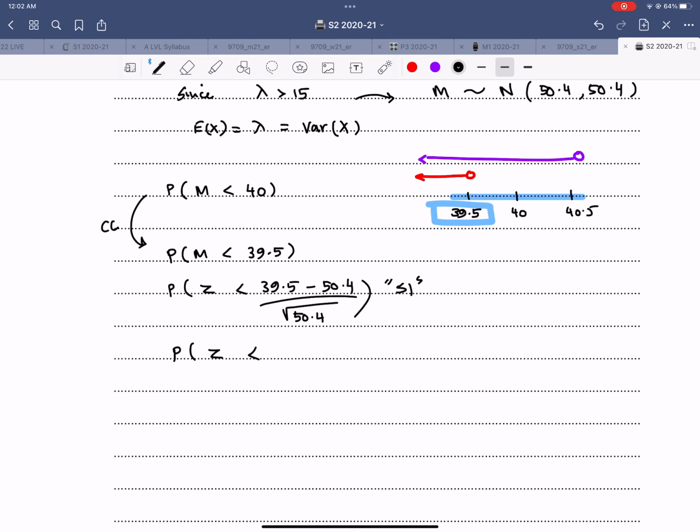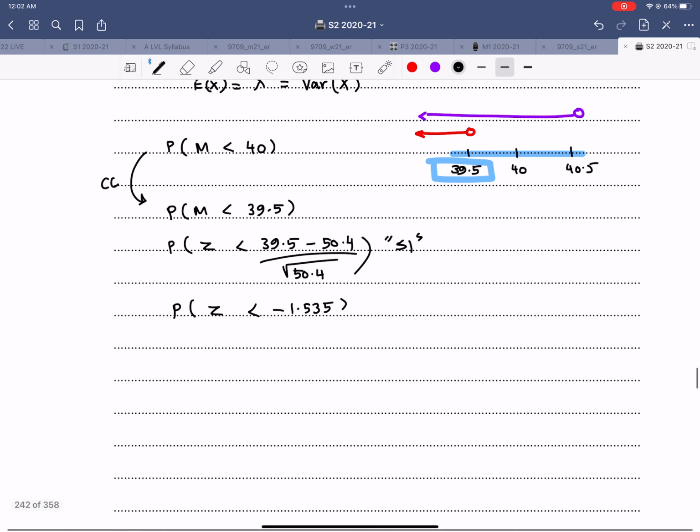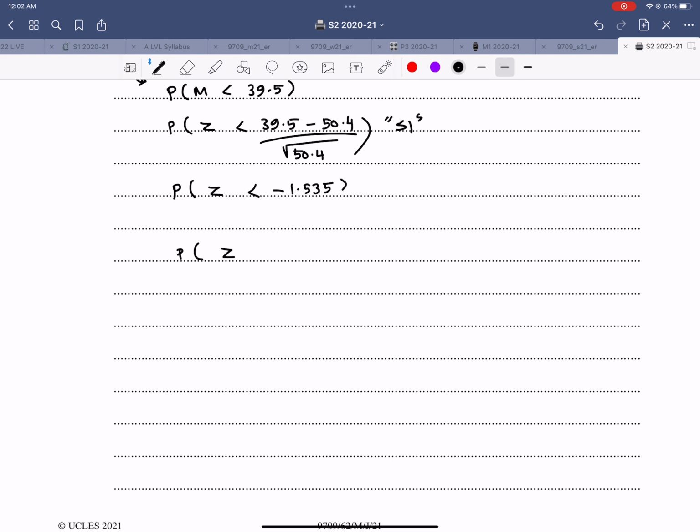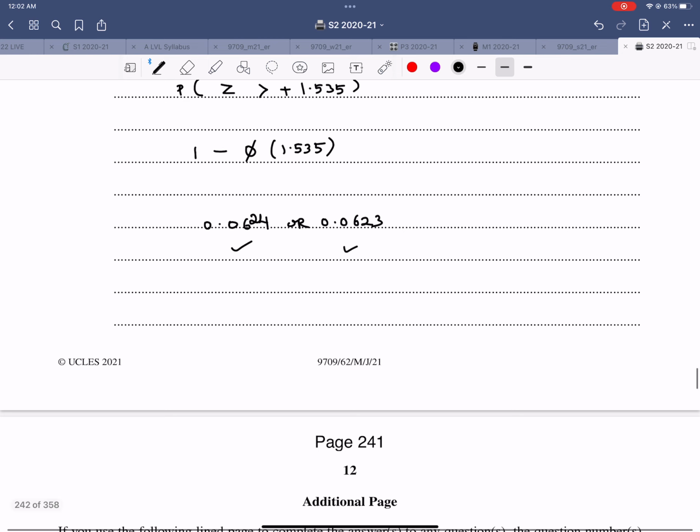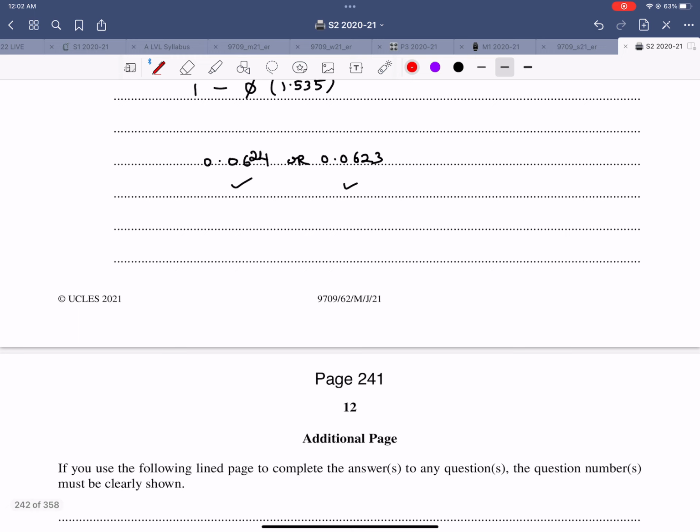So now what should be done? Flip the inequality, remove the negative sign, greater than 1.535, and that is 1 minus phi of 1.535. You go to the table, you get the probability, take care of the accuracy, subtract it from 1. So therefore, there are two possible answers given, 0.0624 or 0.0623, and examiner has marked both of them correct. So that completes May-June 2021 variant 62 of the S2 paper, which is paper number 6. Stay tuned for more.